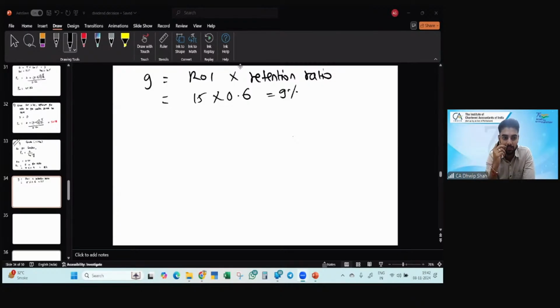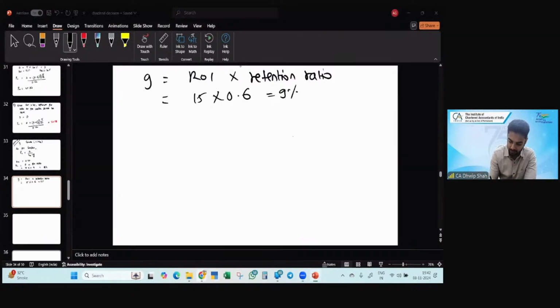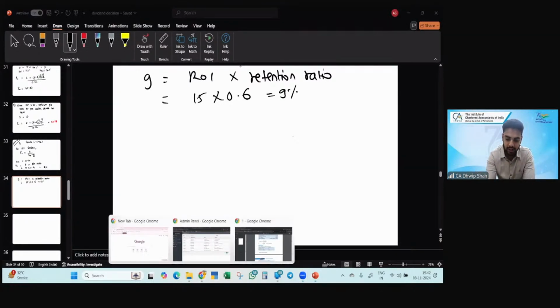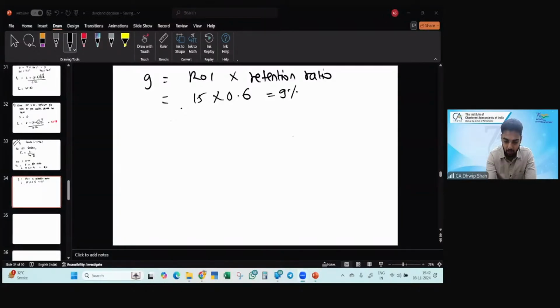Gordon's model is based on, as I said, dividend. In that case, when dividend is not there, you take earnings per share. The assumption is different for both the models. Why?